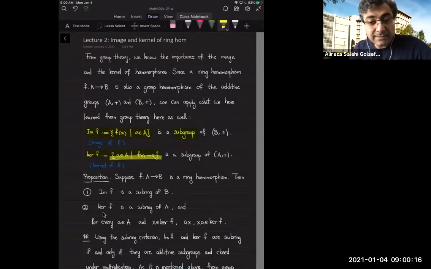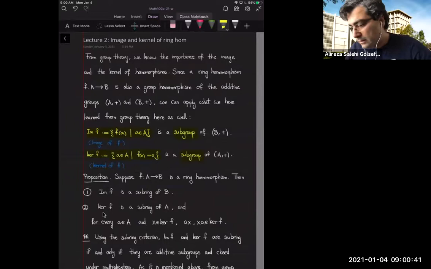You've seen that the kernel of f is in fact a normal subgroup, but here I don't care about being normal because everything is abelian, so automatically all subgroups are normal. But what is crucial, and I want to recall, is that the kernel of f is a subgroup of the domain.